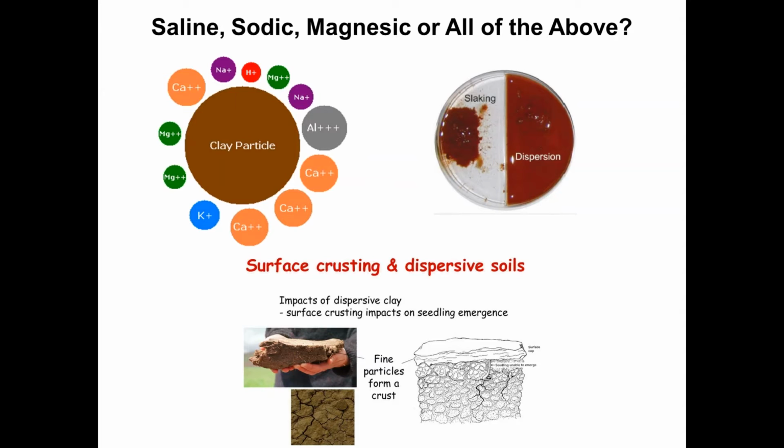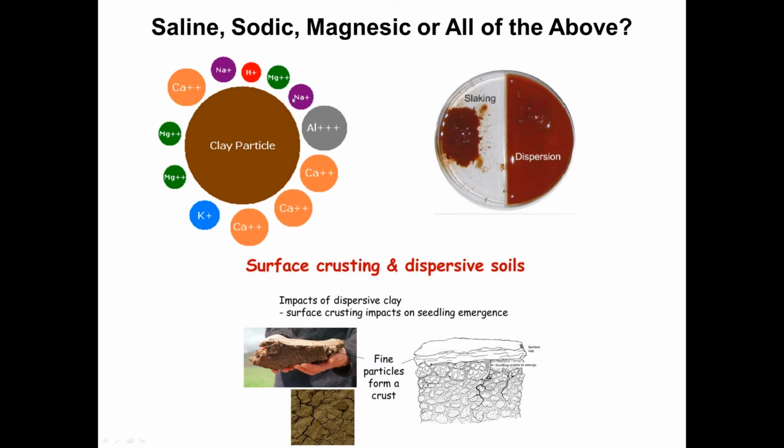So if you have too much sodium in that soil, instead of having a better contribution from potassium, magnesium, and calcium, the soil becomes sodic. Why? Because the relative amount of that sodium compared to calcium is too much. This is just the simplest way that we can talk about why a soil is becoming sodic.